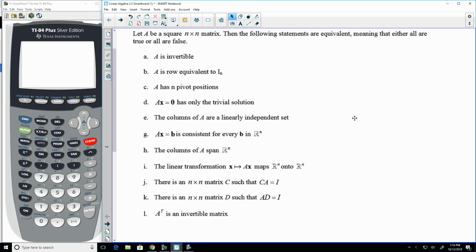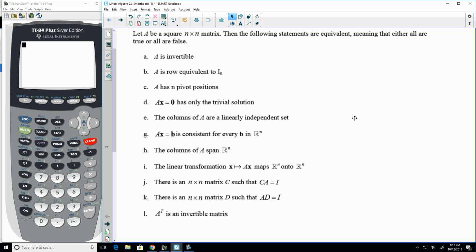The columns of A span Rn, so these two go together. If you can plug in any vector in Rn and get a solution to this equation, that means the columns of A span Rn. That means you can come up with a linear combination of the columns of A to get any vector you want in Rn. So if A is 3x3 and it's invertible, then the columns of A span R3.